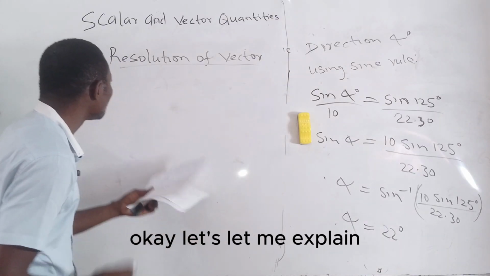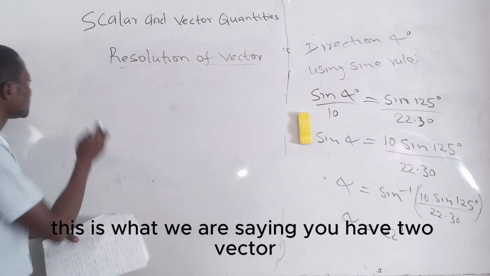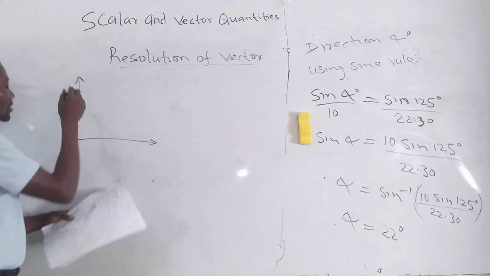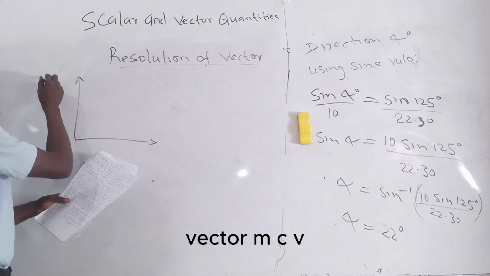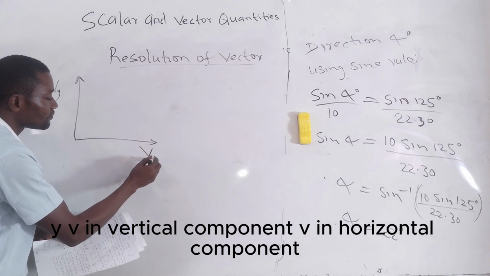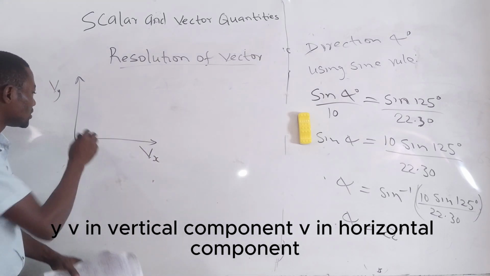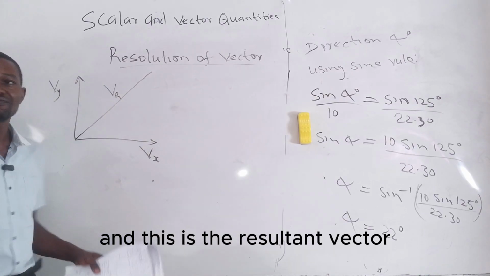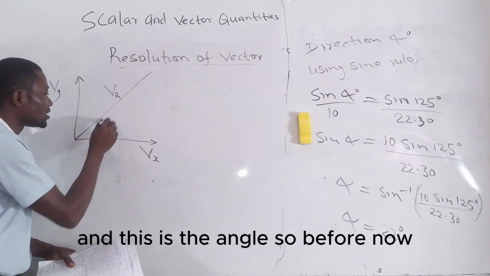Let me explain. You have two vectors, let's say Vy, V in vertical component, Vx, V in horizontal component. And this is the resultant vector. And this is the angle.